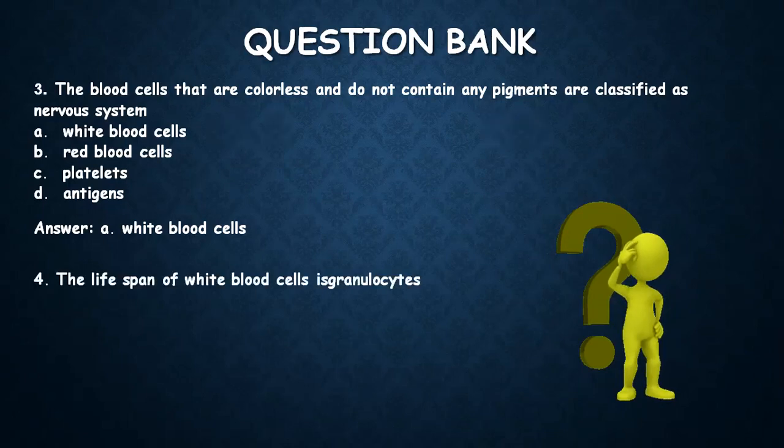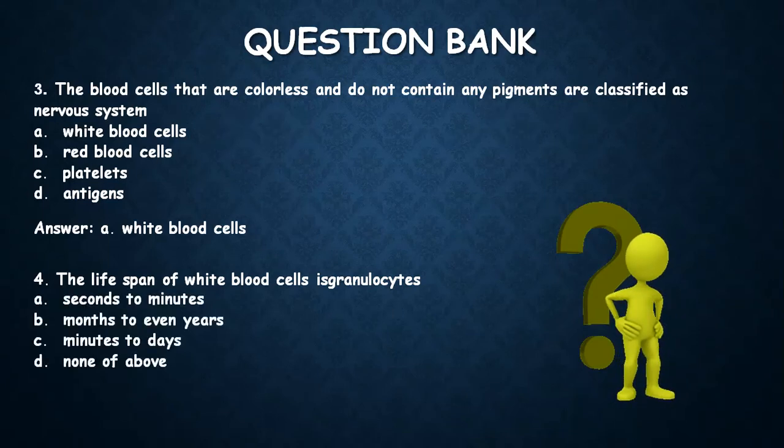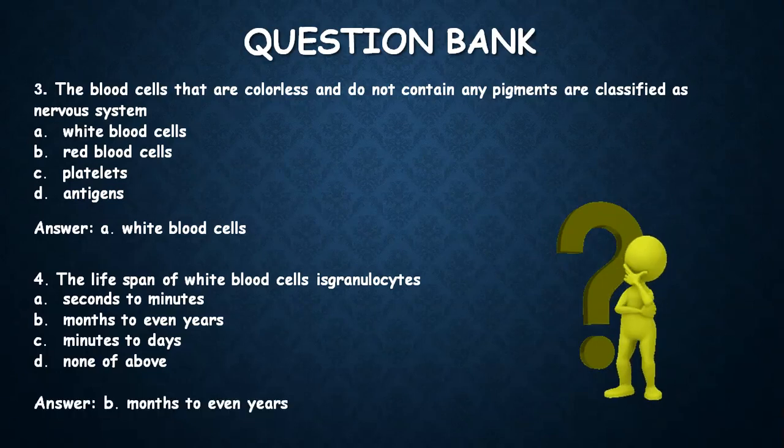Fourth one: the lifespan of white blood cells is? First one is second to many, B is month to even years, C is minute to day, and D is none of the above. And the answer is B, month to even years.